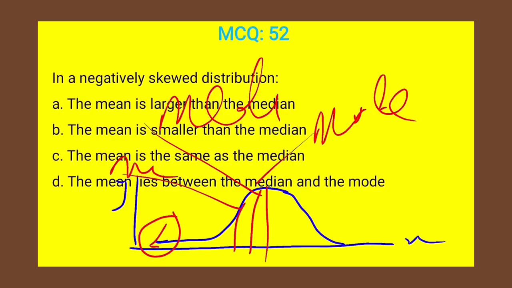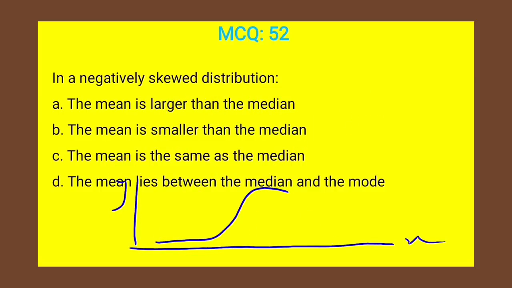The mode. So in a negatively skewed distribution, when it's moving to the left side of the graph, to the negative direction, the mean is always smaller than what? The median.